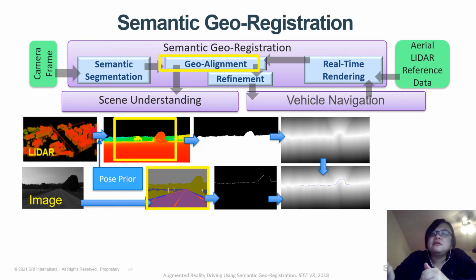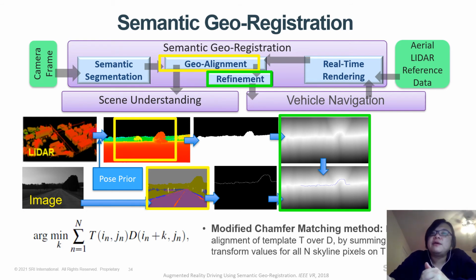Then we apply a very famous technique called modified chamfer matching, which uses a template to search over a bigger distance map by summarizing all the transform values for the edge pixels. Then the best match result indicates the geo-registration position.